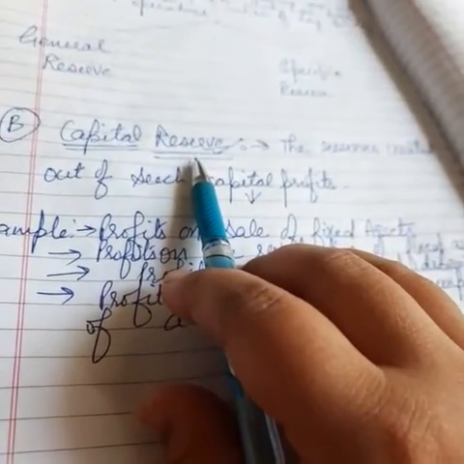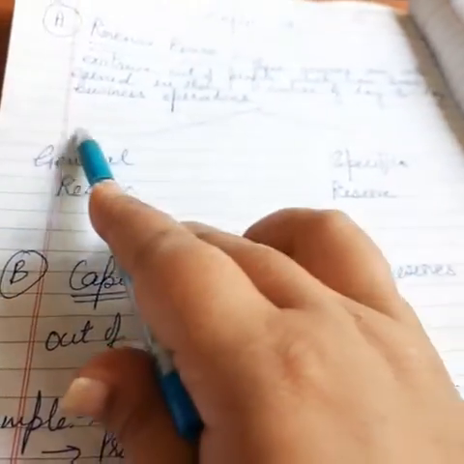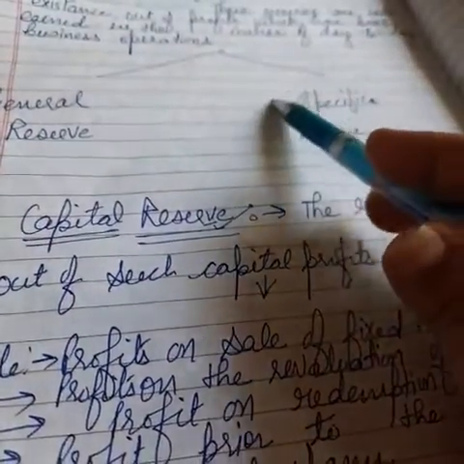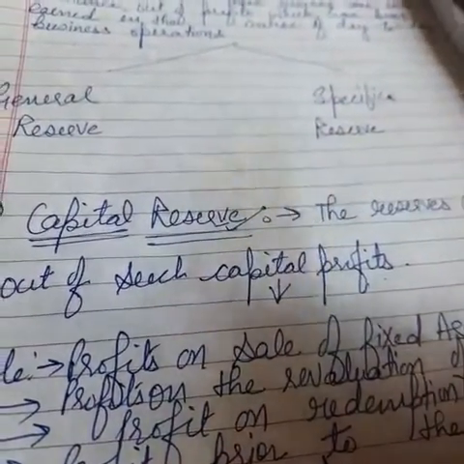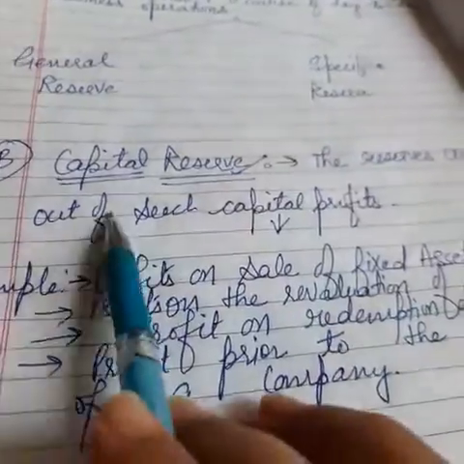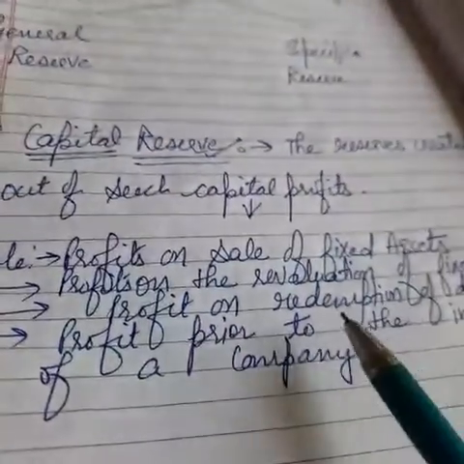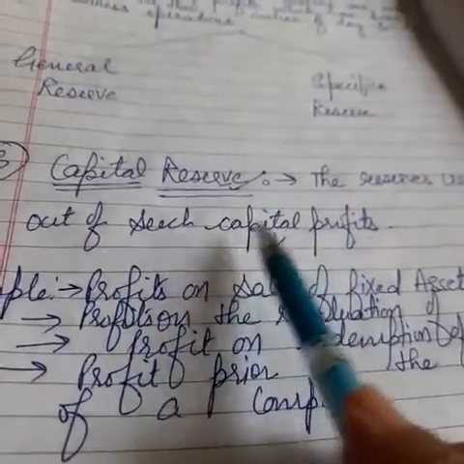Now one thing I want to tell you: in case of general reserve, we can utilize the money for any purpose, and for specific reserve for a specific purpose. In case of capital reserve, the profits will be utilized to set off only capital losses.